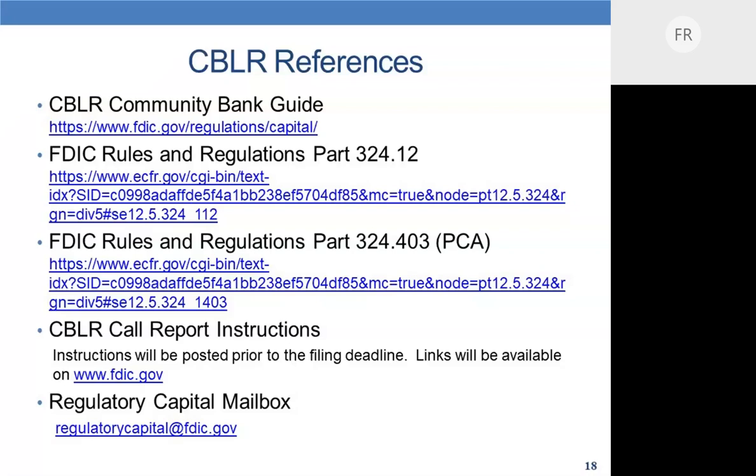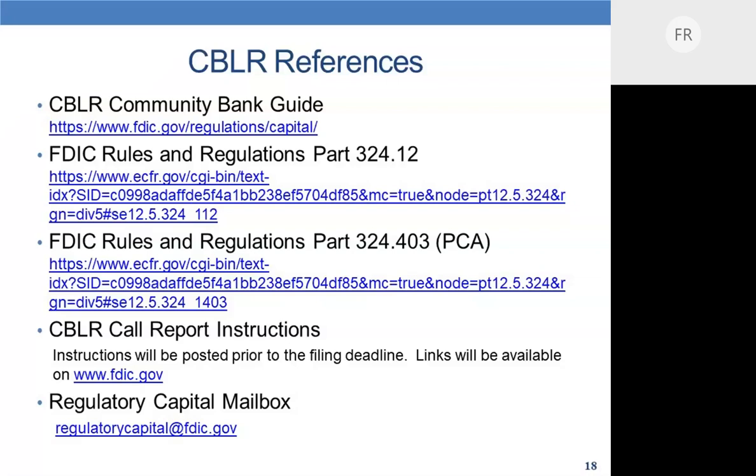We've also received a number of questions about how CRE and other loan concentrations will be calculated under the CBLR framework. The agencies recognize that for institutions that choose the CBLR option, there will be an impact on certain asset concentration calculations in the absence of total capital, obviously.